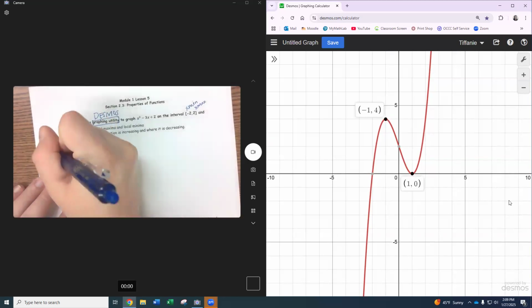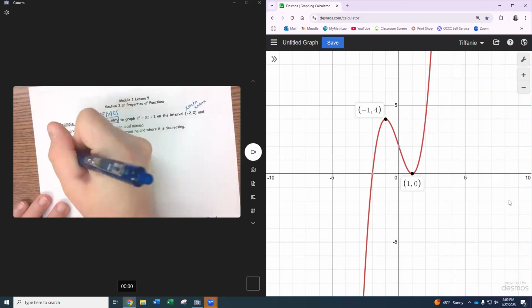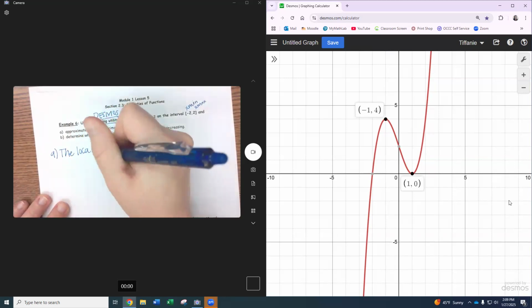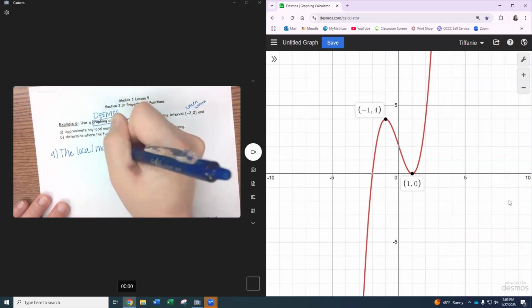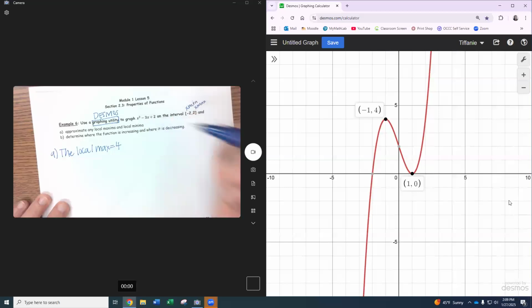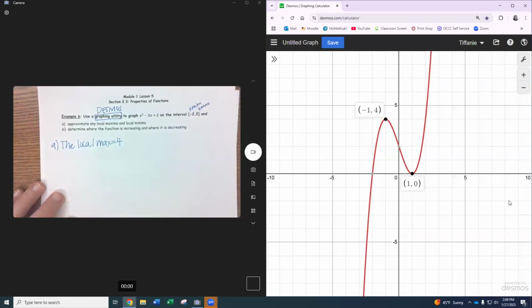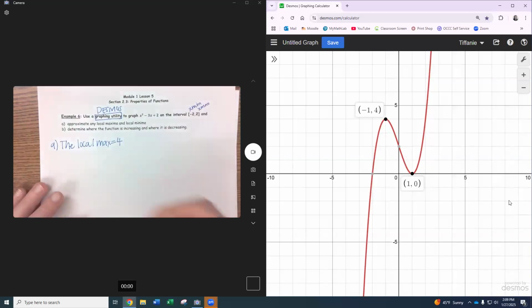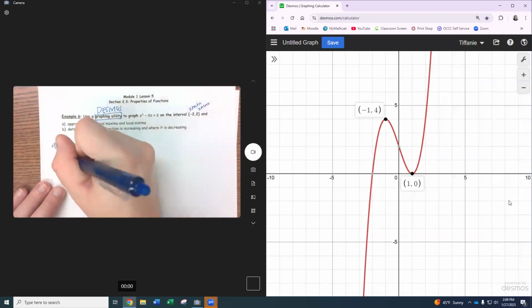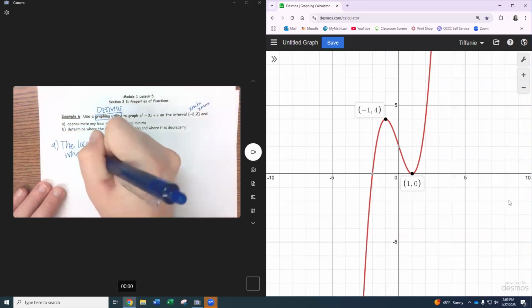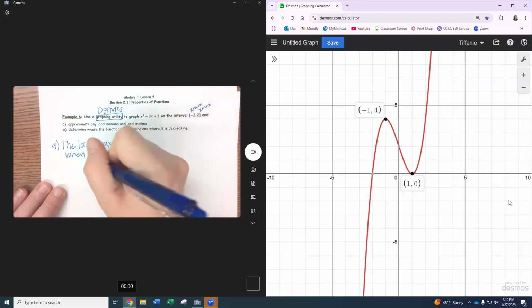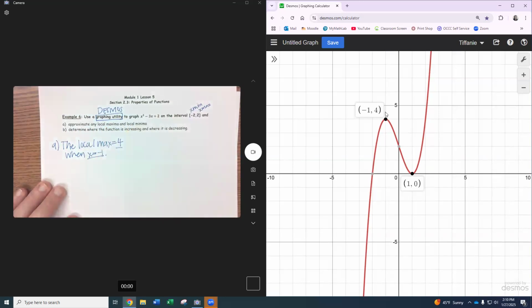So for part A, I will say the local max equals 4. Remember, these always equal the Y value. And then a lot of times it's going to want to talk about X as well. And so we'll say when X equals -1. So those are my ordered pairs here. It's that -1, 4.